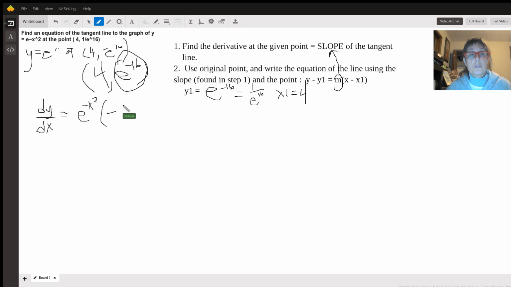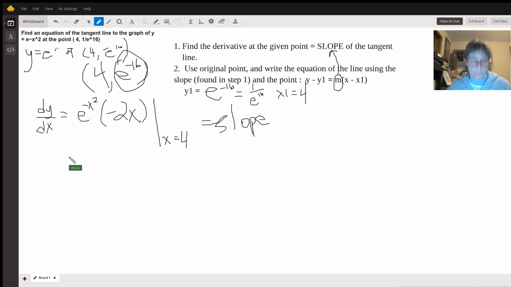So that's minus 2x. So there's the derivative. We need to evaluate it at x equals 4. And that's going to give us the slope, the thing we need to write the equation of the line, because we already have a point.